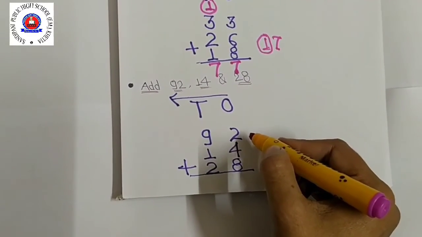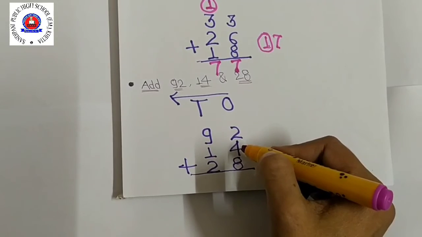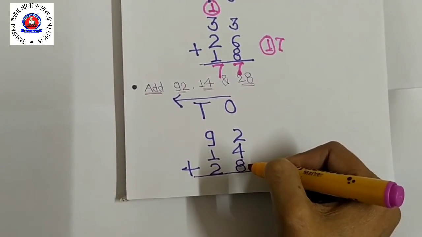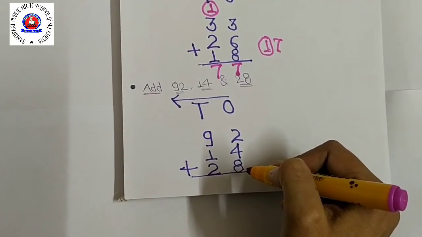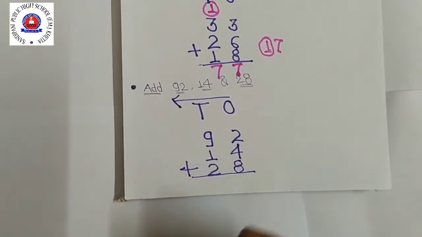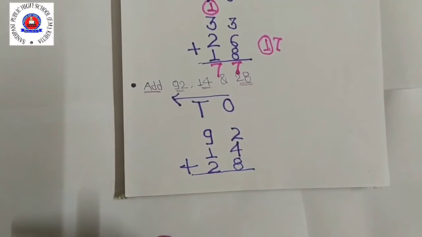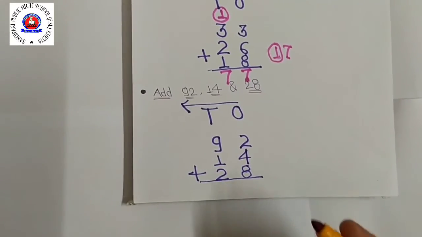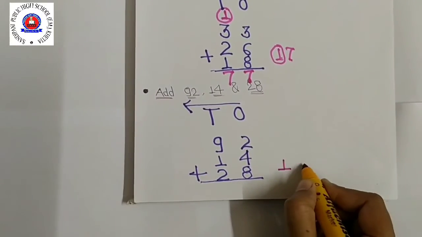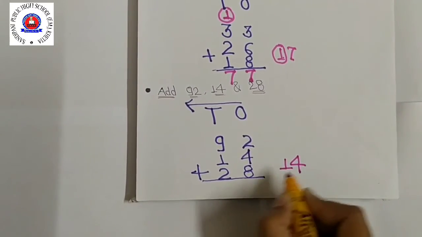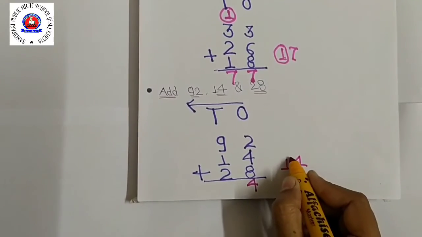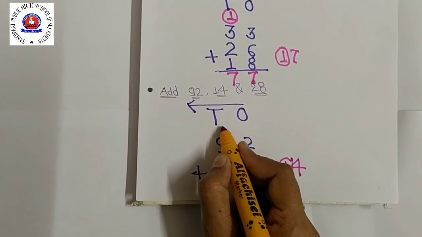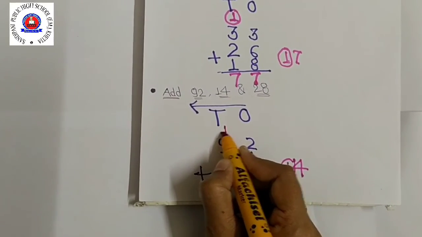Add the digits in the ones column. 2 plus 4, what will come? 6. Very good. 6 plus 8. Count fast. 7, 8, 9, 10, 11, 12, 13, 14. So what will come? 14. So 4 is written in the ones column and this 1 is carried over to the tens column.